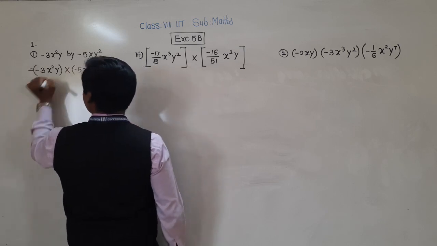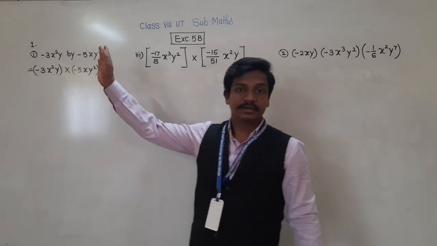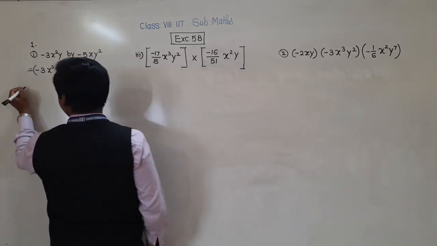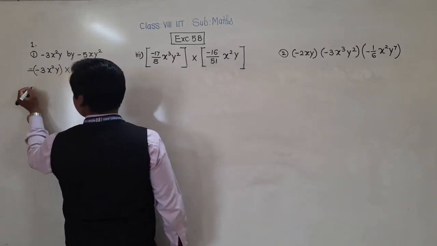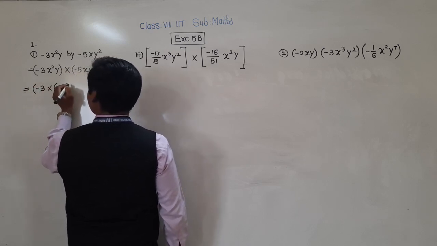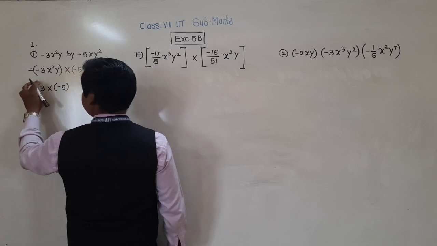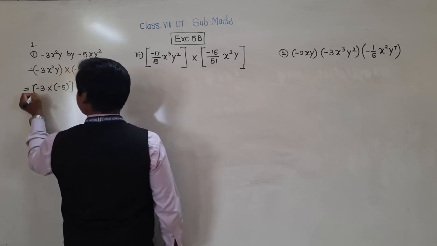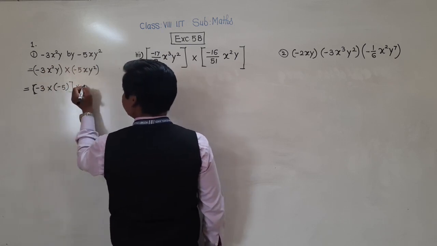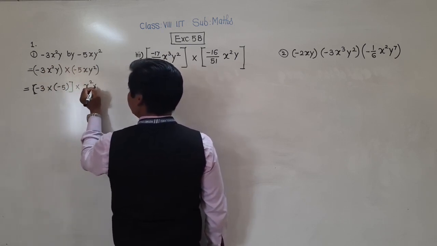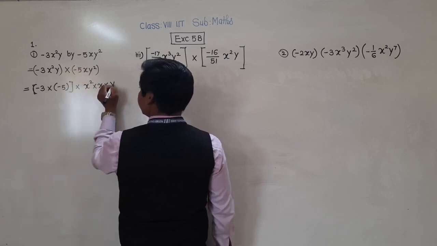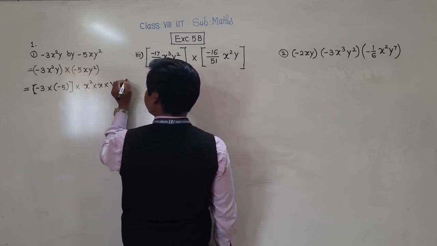Now both are monomials, a single term each. So how to multiply? First take their numerical coefficients in one box and then multiply by the literal coefficients, x square into x into y square.